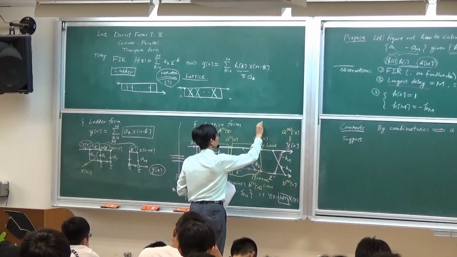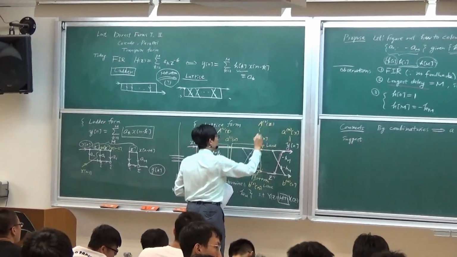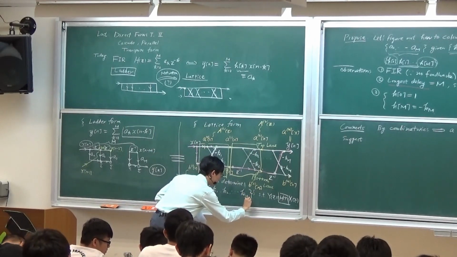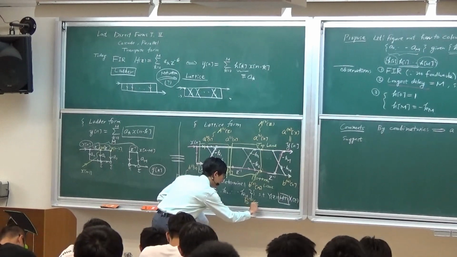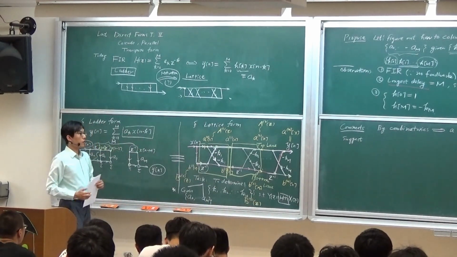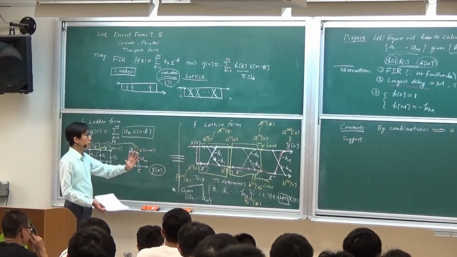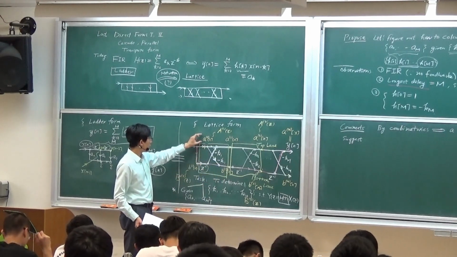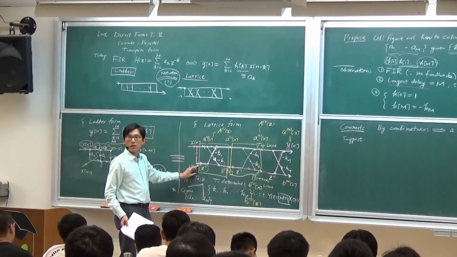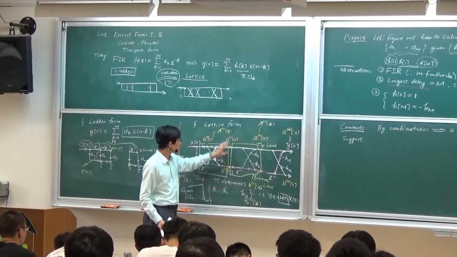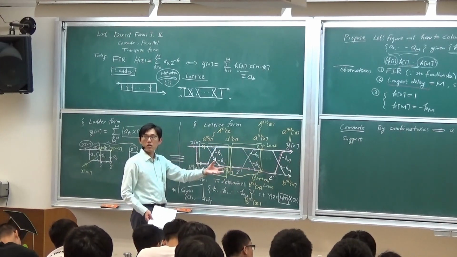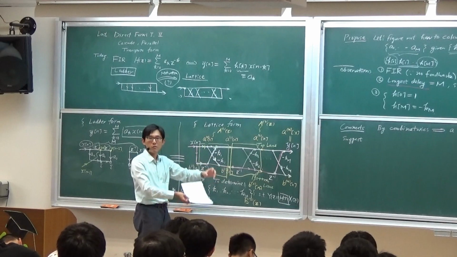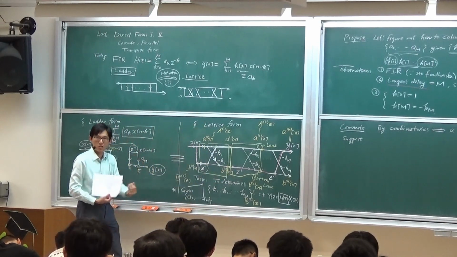So A superscript 2 of Z and B superscript 2 of Z. Next, let's figure out A1, B1 in terms of A0, B0, and let's figure out A2, B2 in terms of A1, B1. In general, we can figure out A superscript J plus 1 and B superscript J plus 1 in terms of A superscript J and B superscript J. Is that clear?